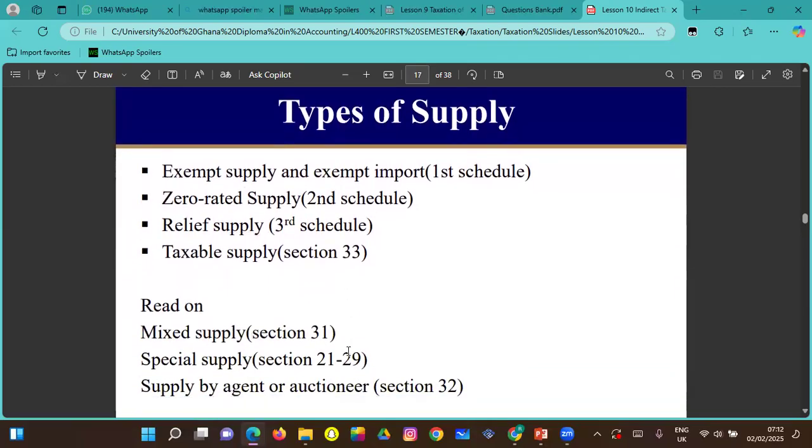The types of supply we have here are exempt supply, exempt import, zero rated supply, relief supply, and then taxable supply.